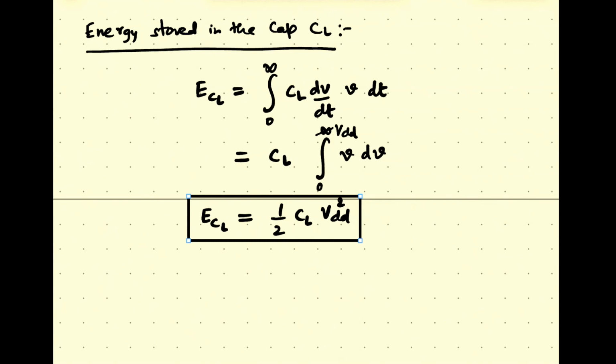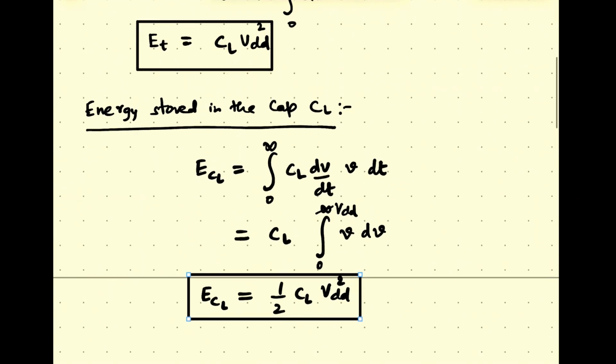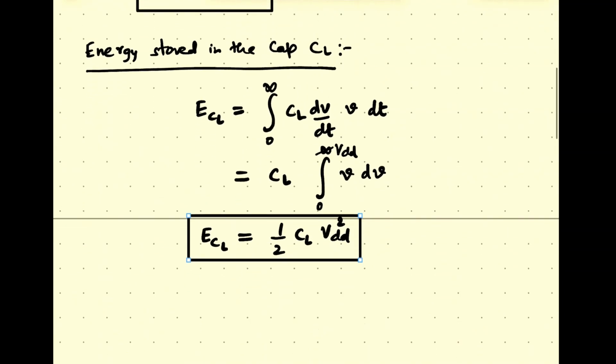What is interesting is that earlier we saw that the total energy delivered from the power supply was capacitance times VDD squared, whereas the energy stored in the capacitor was only half of the capacitance times VDD squared. So where did the other half go? We only store half the energy and we dissipate half of it.